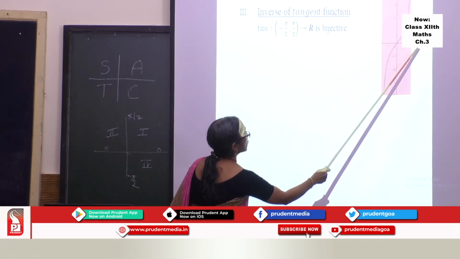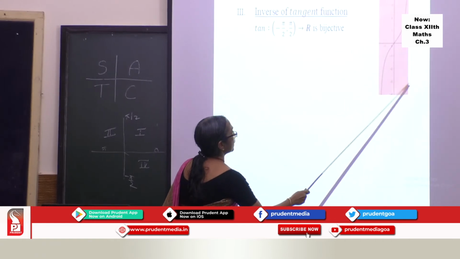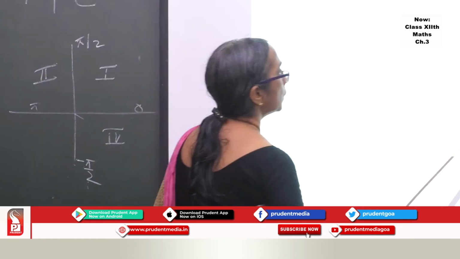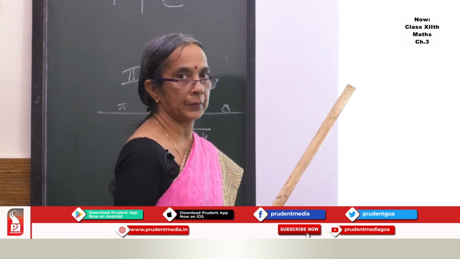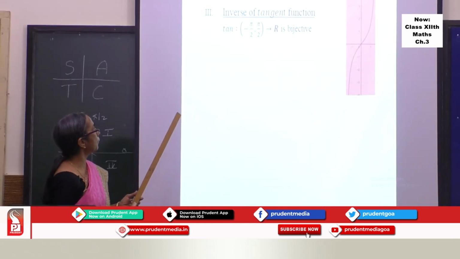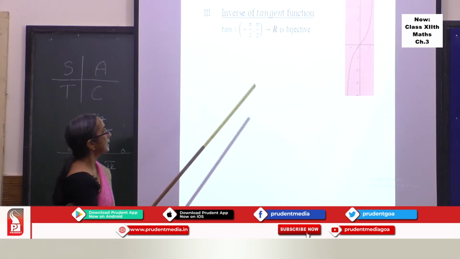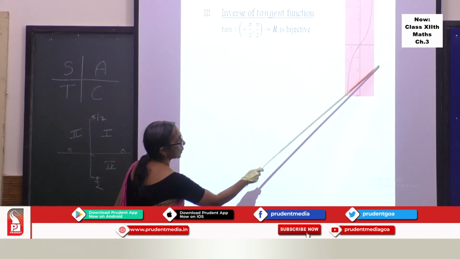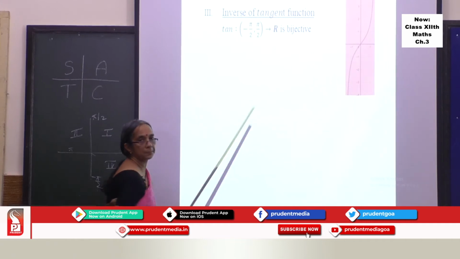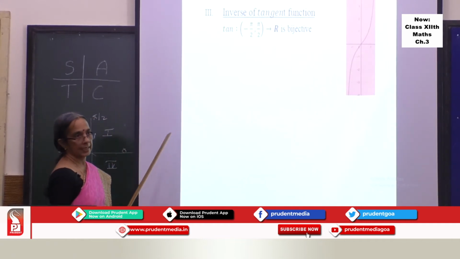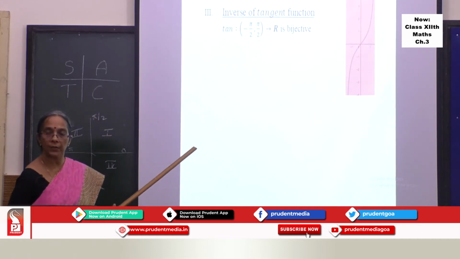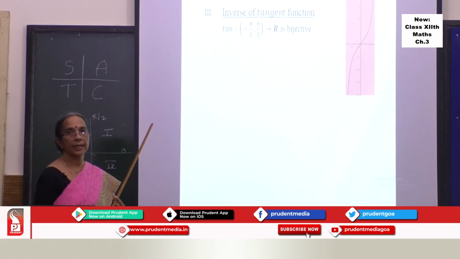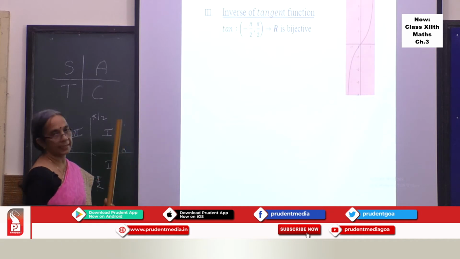It is going close to the line x is equal to pi by 2, and on this side it is going close to the line x is equal to minus pi by 2. That is the graph of the tan function, but tan pi by 2 does not exist, tan minus pi by 2 does not exist. That is why minus pi by 2 and pi by 2 are not included in the domain.